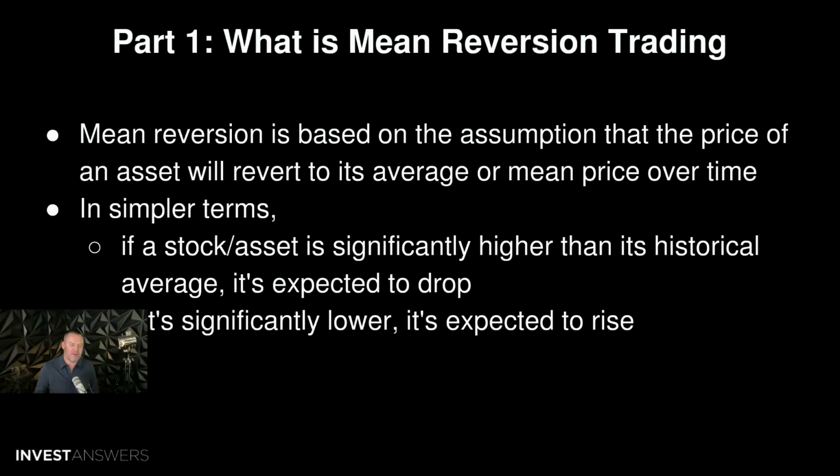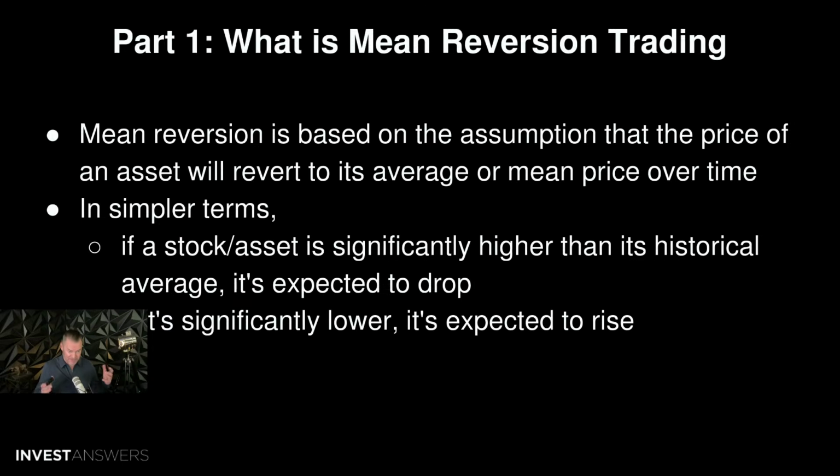All right, let's talk about mean reversion first, what it means. Well, basically, it's the assumption, and if you've heard this channel, you hear me say all the time, everything mean reverts. And that is the whole premise of the idea that the asset will not go up straight or down straight. It will go up and down and up and down and up and down over time.